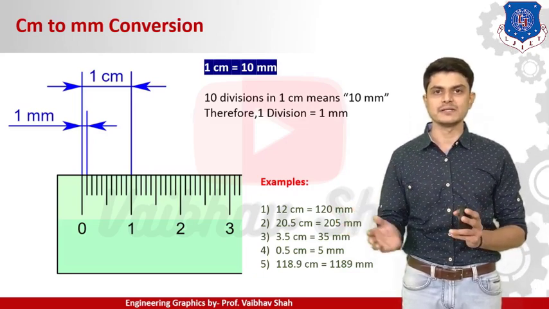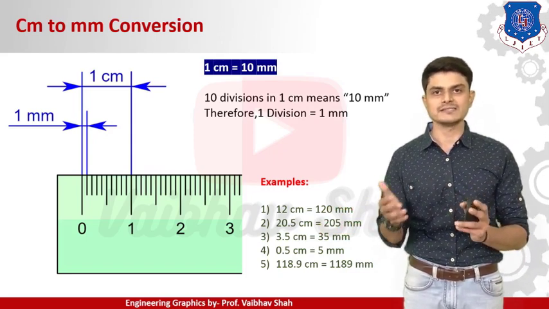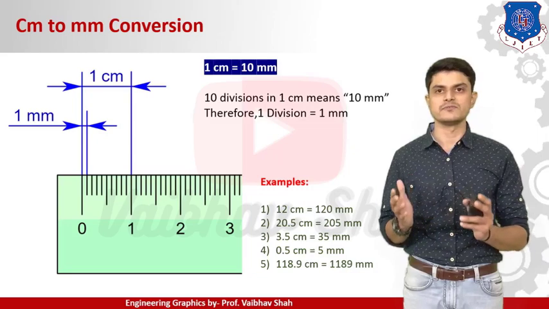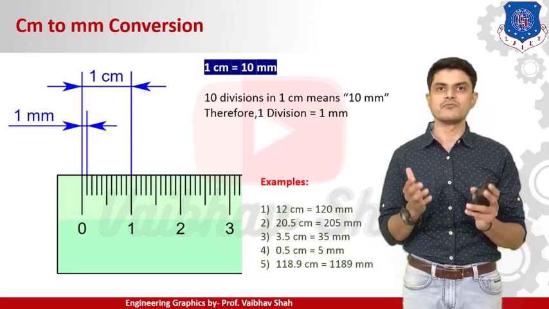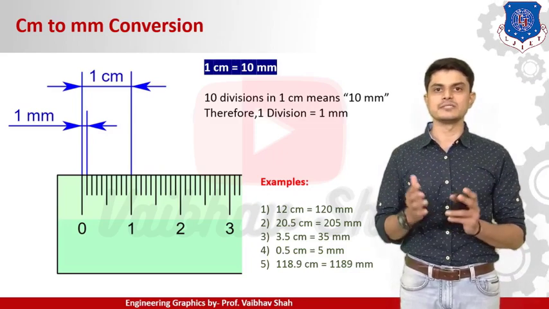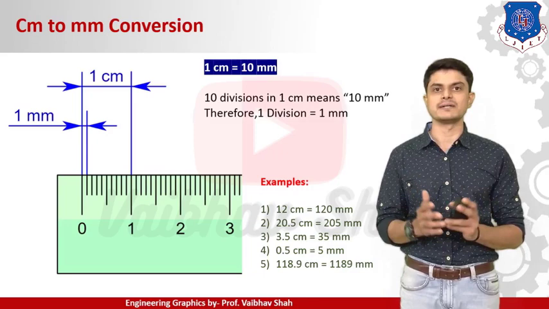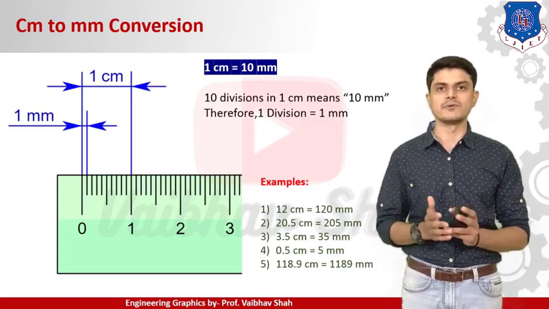Next, 3.5 centimeter. If you multiply by 10, we will have 35 mm. Next, 0.5 centimeter. If we multiply by 10, we will have 5 mm. And the last one, 118.9 centimeter is equal to 1189 mm. So we have just multiplied by 10 to convert into mm.